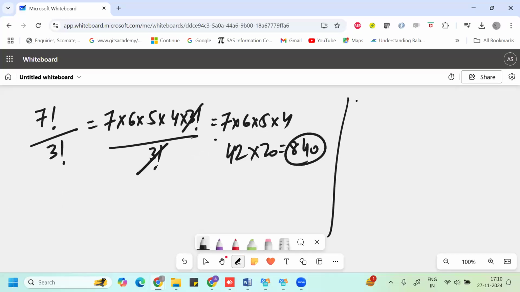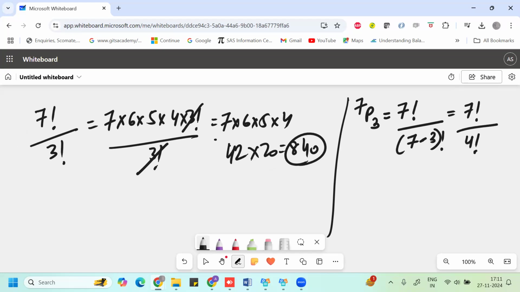Now, if I'm writing 7P3, 7P3 means 7 factorial by 7 minus 3 factorial. So this is nothing but 7 factorial by 4 factorial. You know how to solve it. The other way you can do it: for 7P3, draw 3 lines, put 3 dashes, and then start with 7, then 7 minus 1, 6, 6 minus 1, 5.